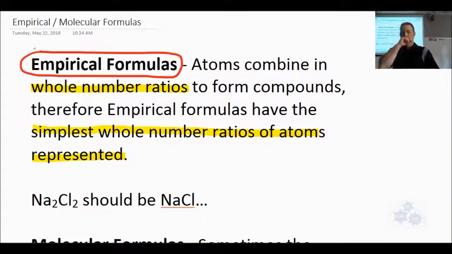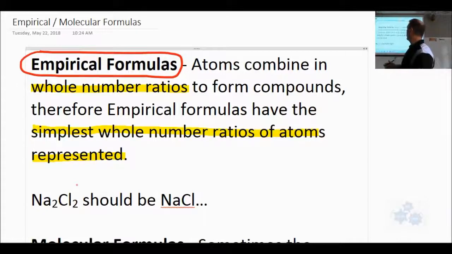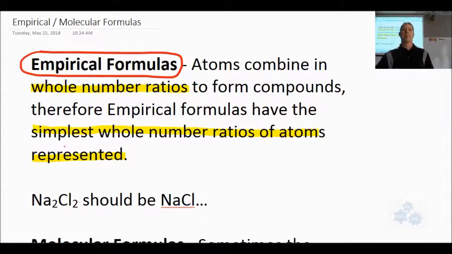For example, if for some reason someone said, okay, well, we have sodium chloride and its formula is Na2Cl2, this wouldn't be the simplest ratio, right? Because we have 2 to 2, that can be reduced to 1 to 1. So Na2Cl2 would not be written as Na2Cl2, it would be written as NaCl.